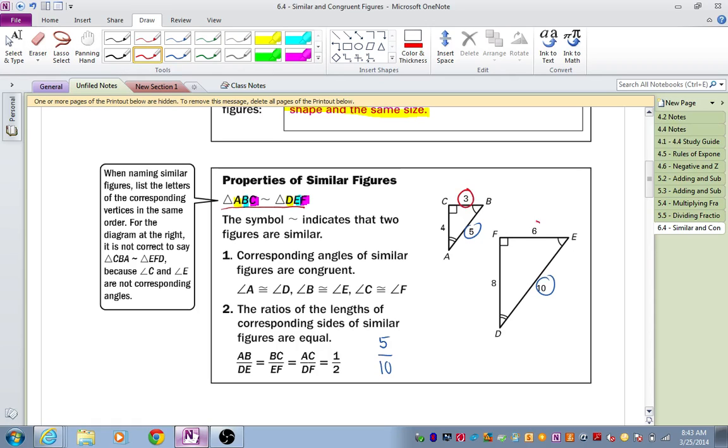We have 3 and 6. If we take the ratio, 3/6 still equals 1/2. Now AC and DF would be 4/8, which still equals 1/2. Notice I'm always starting with the smaller triangle and then putting the bigger one in the denominator. So once again, corresponding angles are equal, but if you take the ratio of the corresponding sides, they are all equal.